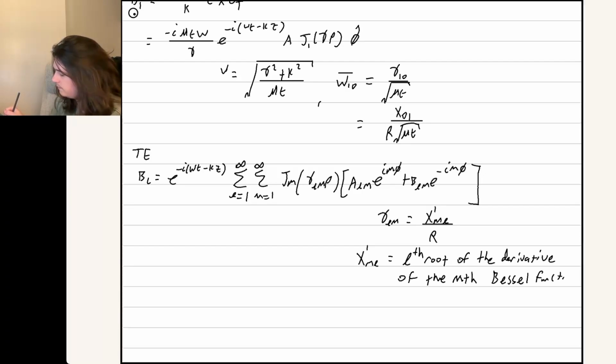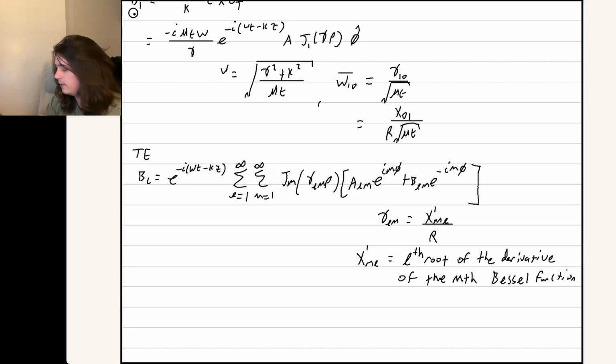Right, so the boundary condition for a magnetic field is that the derivative goes to 0 at the boundaries rather than just the field itself going to 0 at the boundaries. So that's why we start with m equal to 1, and that's why we have x prime now instead of x in our definition of gamma.